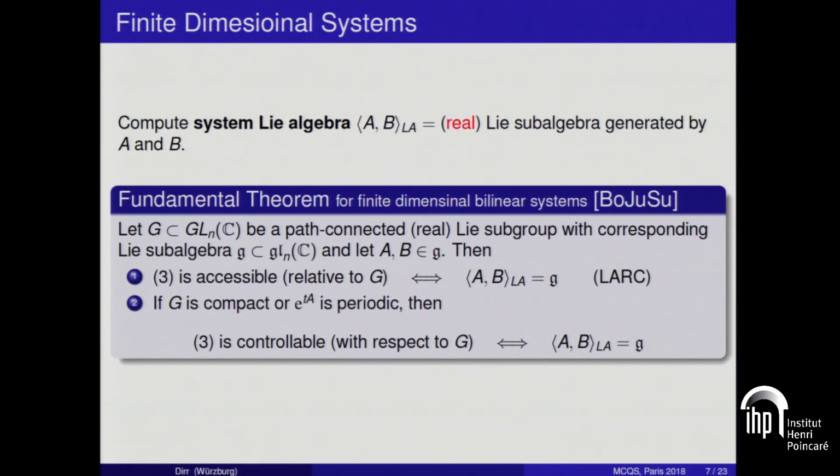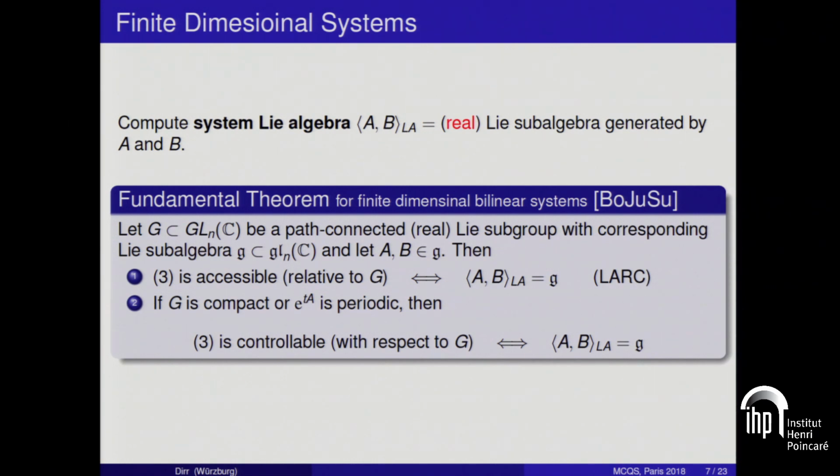But then, if your group is compact, or if your drift term does generate a periodic one-parameter semigroup, then you know that this Lie algebra rank condition is even equivalent to controllability. This is a beautiful result, and this is usually how you approach problems, in particular in quantum control.